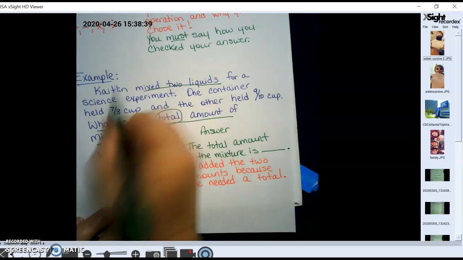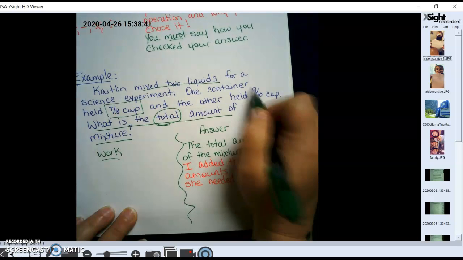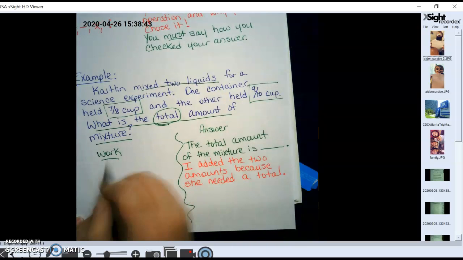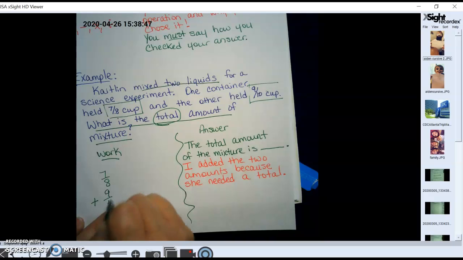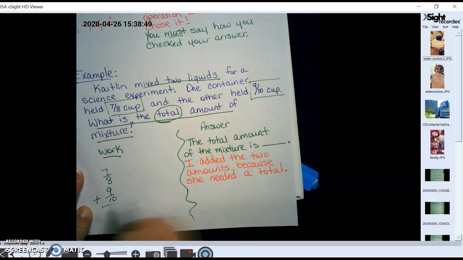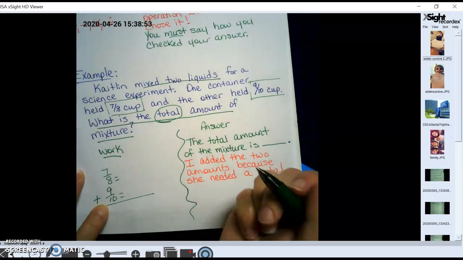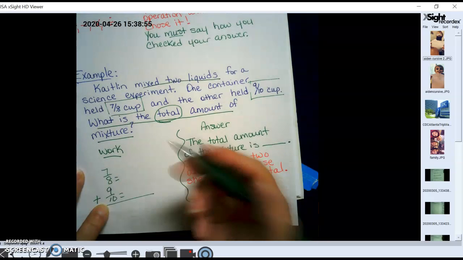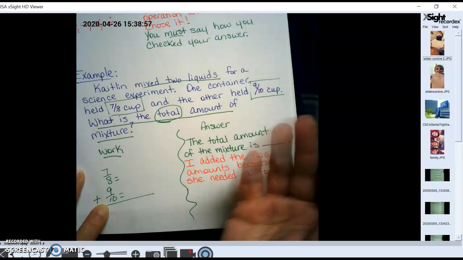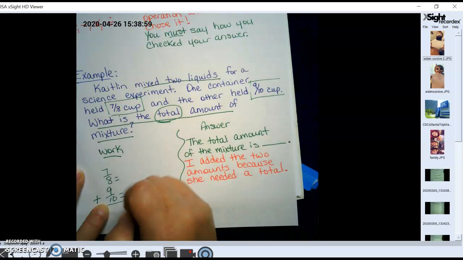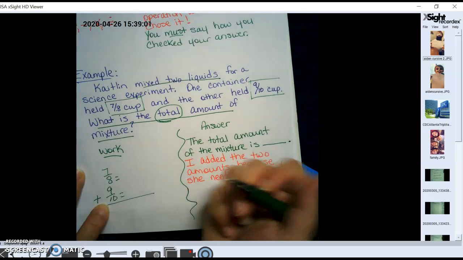All right. Now, back to my work. I'm going to take 7/8 of a cup and 9/10 of a cup and put them together. 7/8 plus 9/10. And we remember from last week that if we're going to add fractions, we have to change the denominators because you can't put 2 unlike things together to get something common. All right, so I think about 8 and 10.